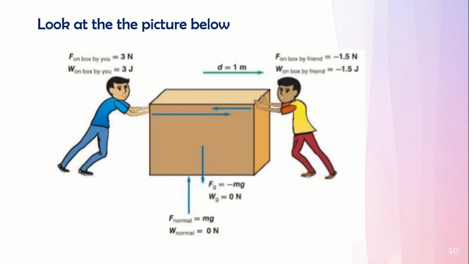Work on box by your friend equals negative 1.5 joule from F times D. Negative 1.5 newtons times 1 meter equals negative 1.5 joule. In vertical, normal force equals m times g. Normal work equals 0. Why? Because the box moves in horizontal.